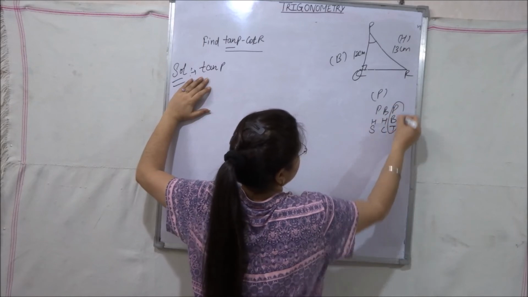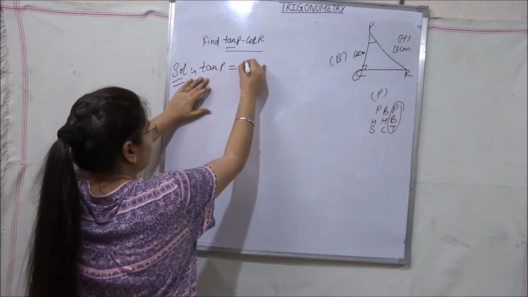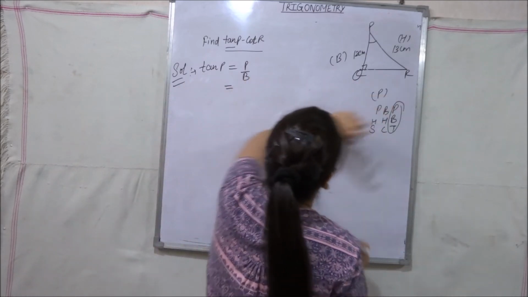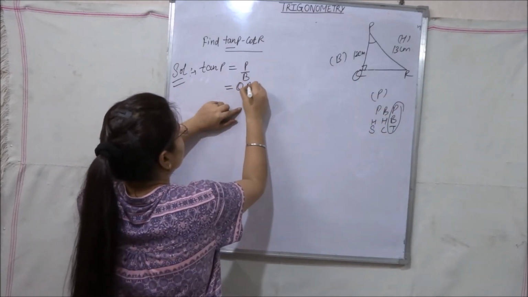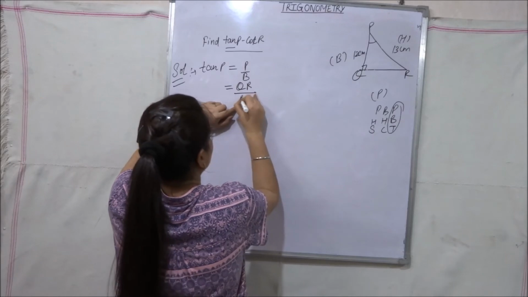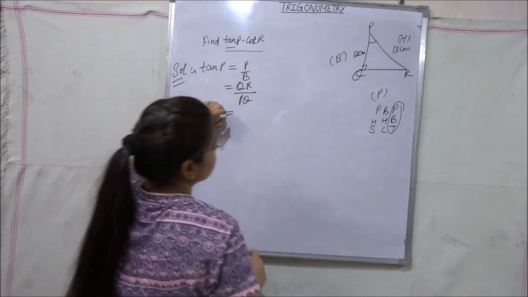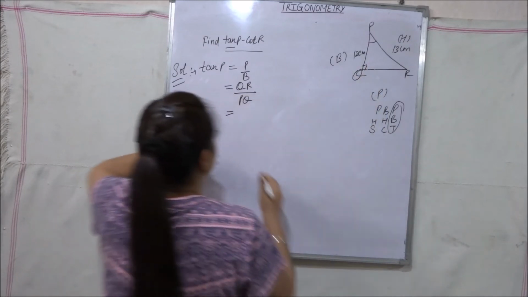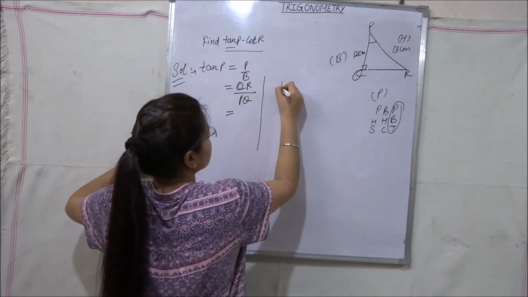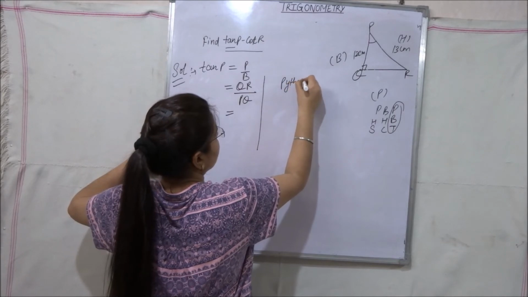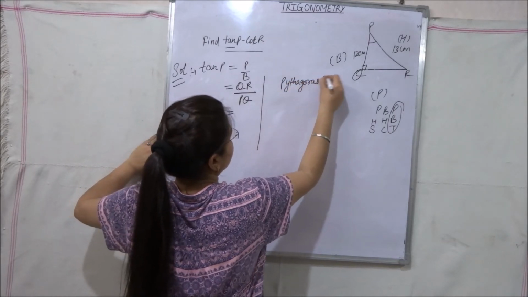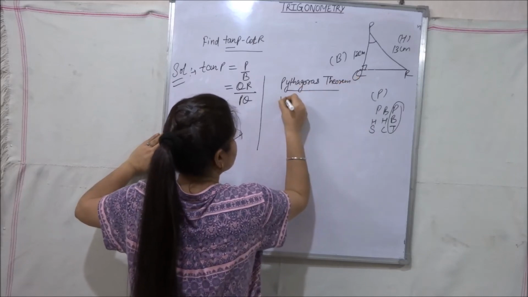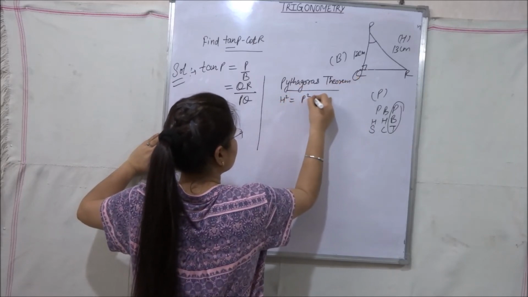So tan theta is P upon B. Now here P is QR and B is PQ. So firstly we will find the value of QR. Now by Pythagoras theorem, H square equal to P square plus B square.